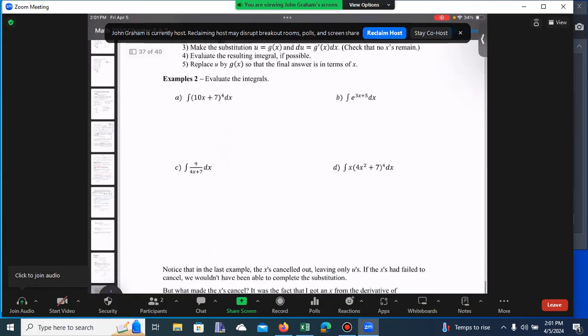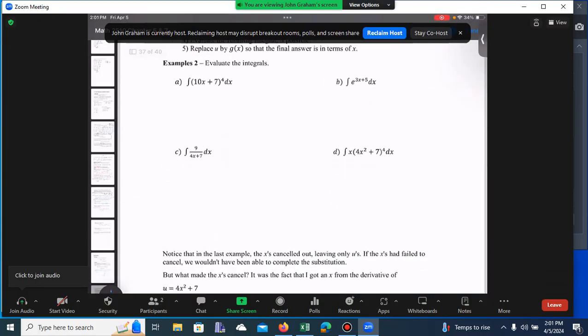All right, so here we're going to do u equaling 10x plus 7. So du equals 10 dx.